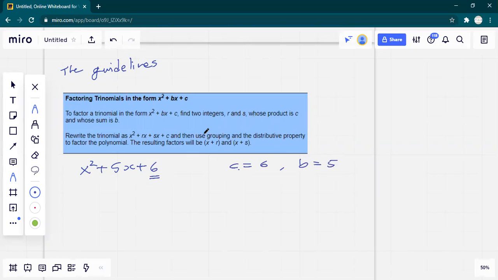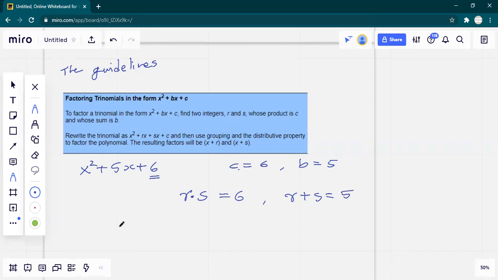We need two numbers whose product is 6 but whose sum is 5. So two numbers r and s whose product is 6 and whose sum r plus s is equal to 5.